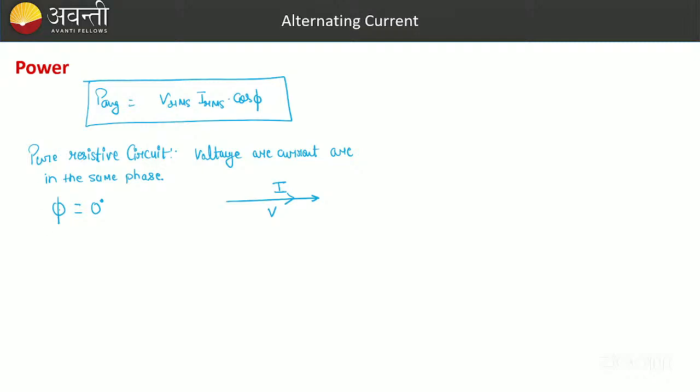If there is no phase difference, then phi is 0, because phi denotes the phase difference between two oscillating quantities.